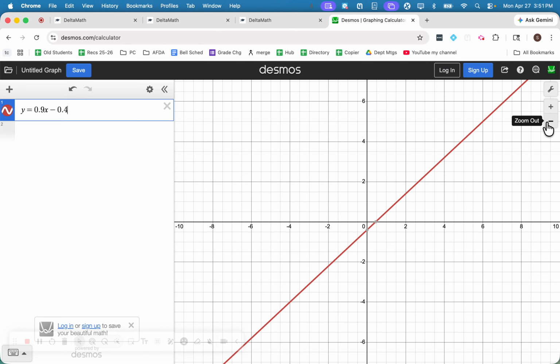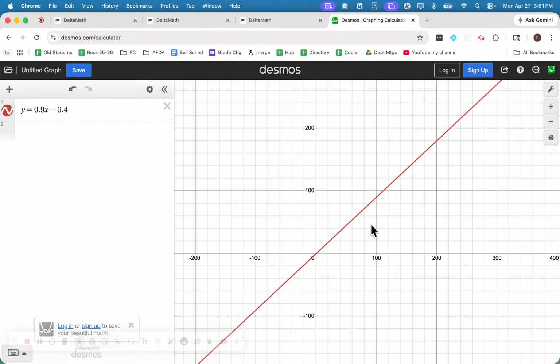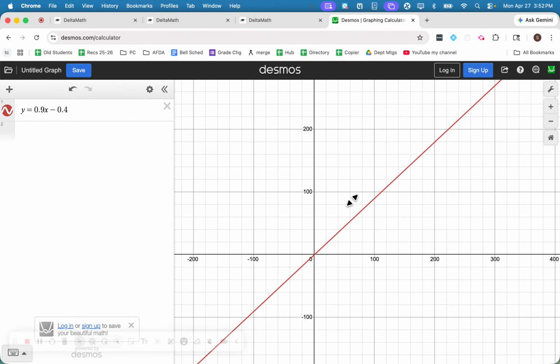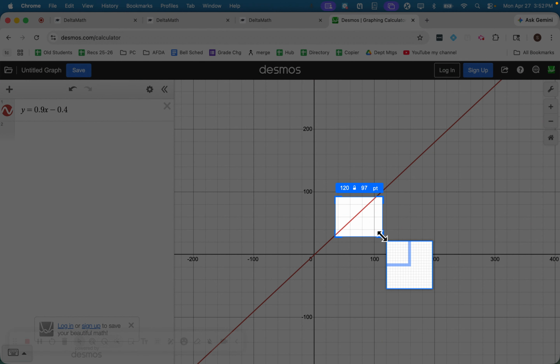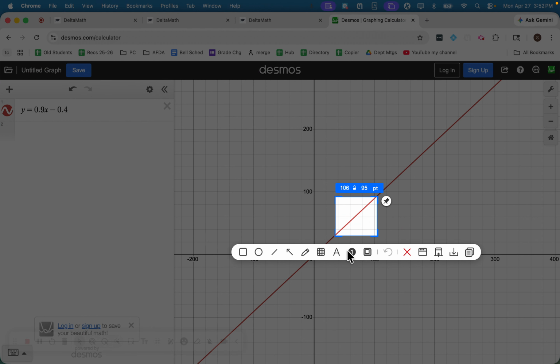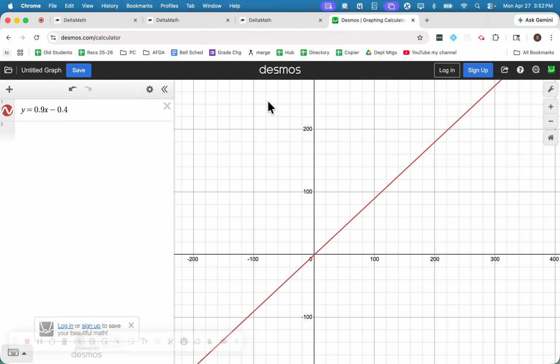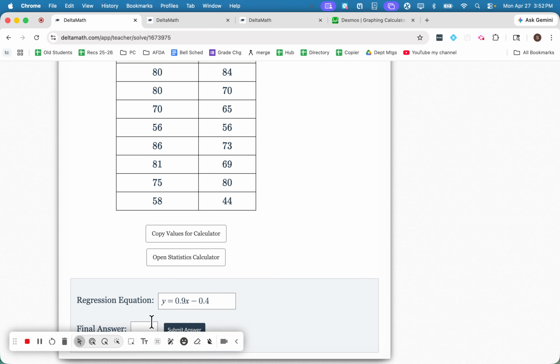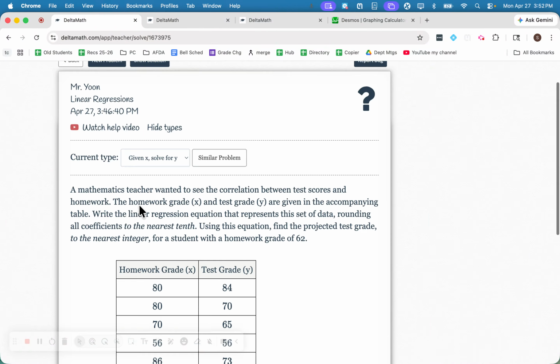But you saw that they didn't show you the entire line. They just showed you some part of it, like this part right there. They just wanted to show you that those match all those test scores, which are kind of like around here, the homework scores and the test scores.